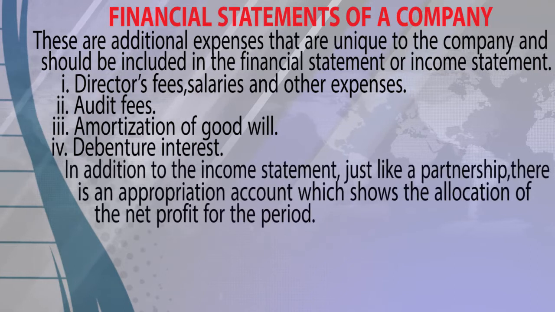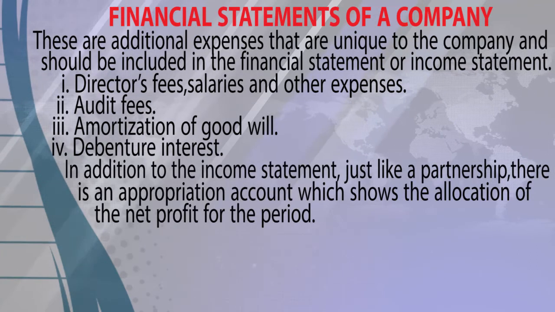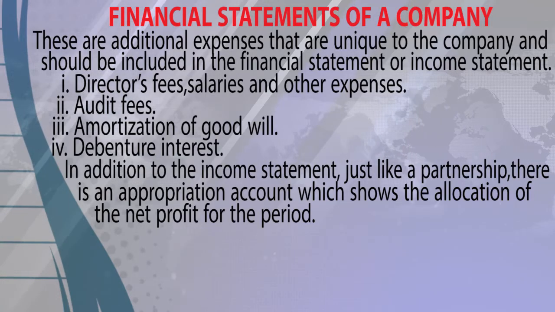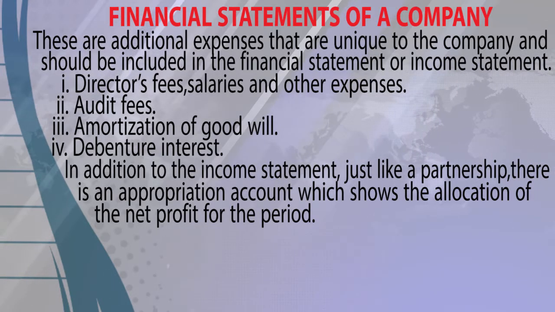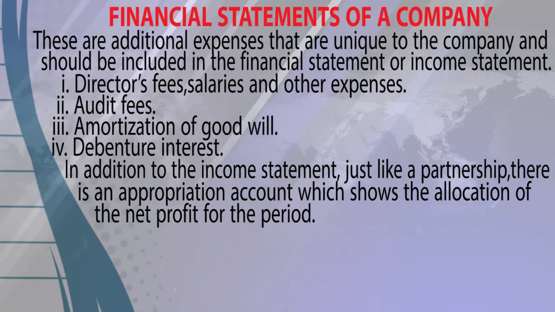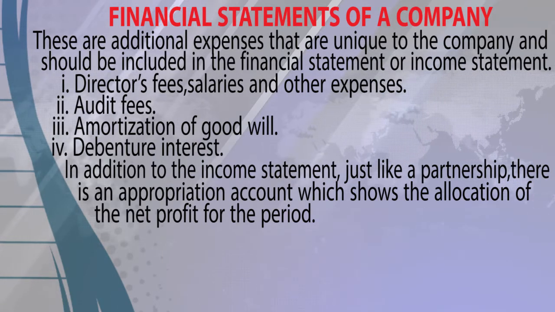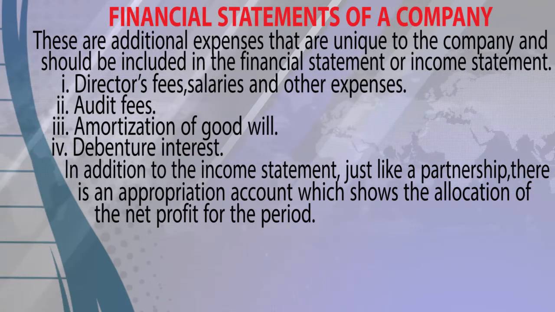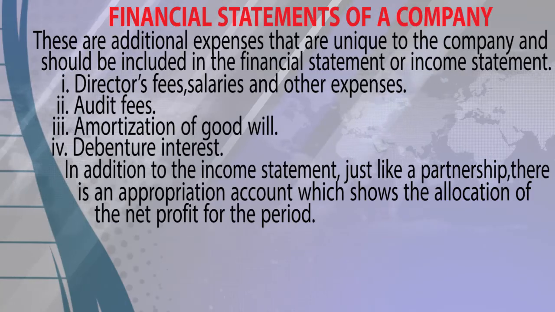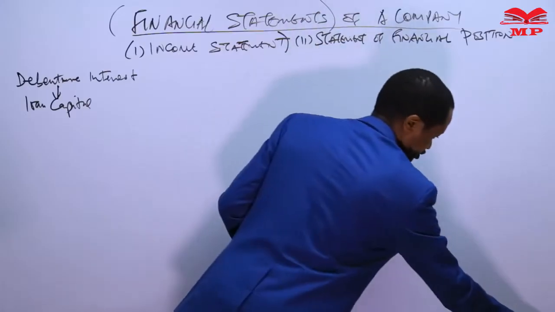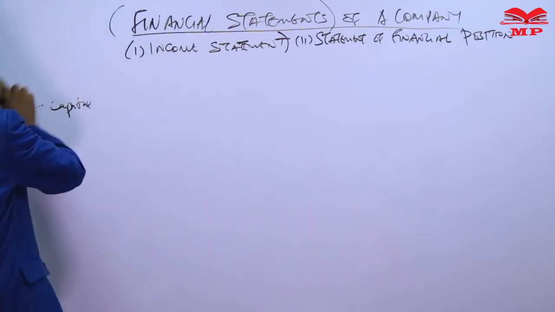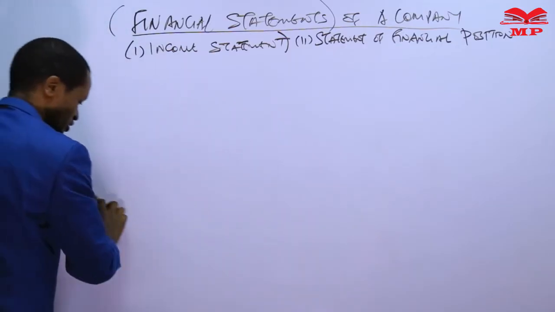Now, in addition to the income statement, just like a partnership has an appropriation account which shows the allocation of the net profit for the period, there is an additional appropriation account.